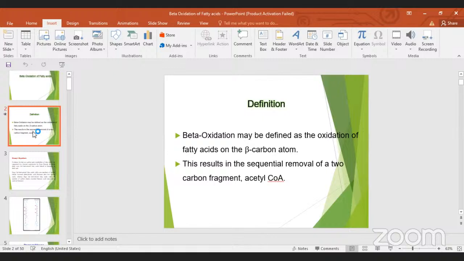Fatty acid degradation in plants: the mechanism is well established with saturated and unsaturated fatty acids.